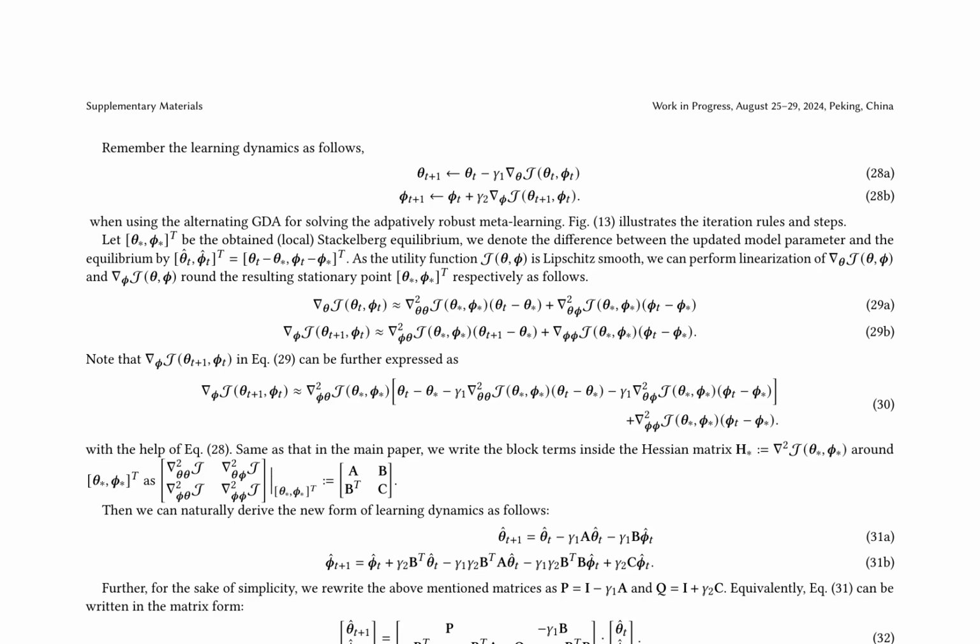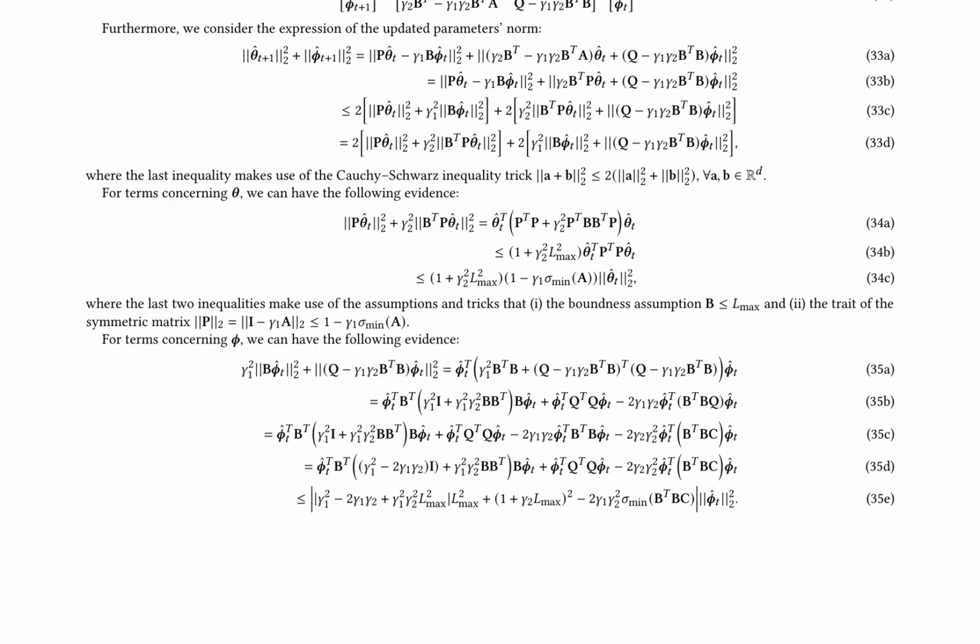They simplify the expression for nabla phi J(theta t plus 1, phi t) in equation 30, using equation 28. This leads to the new form of learning dynamics in equations 31a and 31b, derived by substituting the linearized expressions into the iteration rules. The block terms inside the Hessian matrix H are defined as A, B, and C, with the learning dynamics rewritten in matrix form as equation 32.